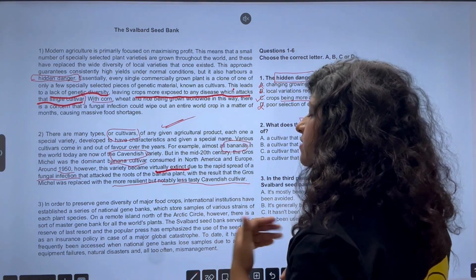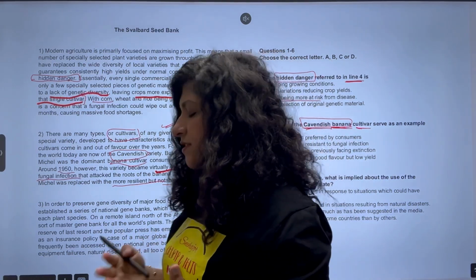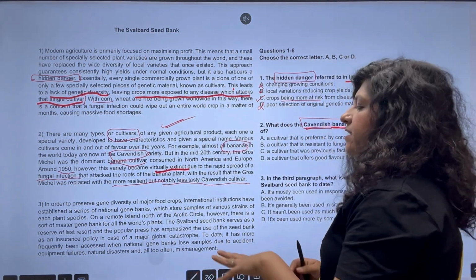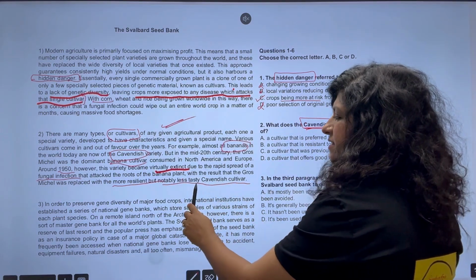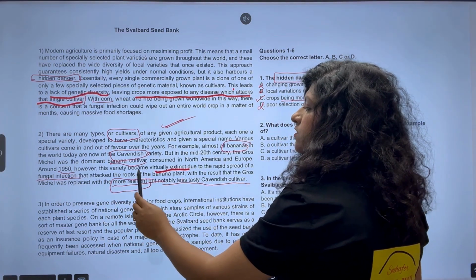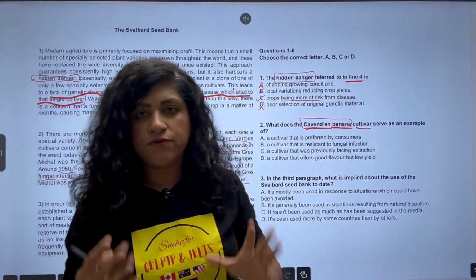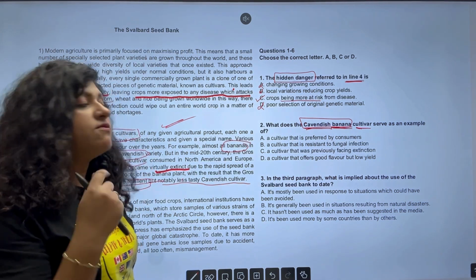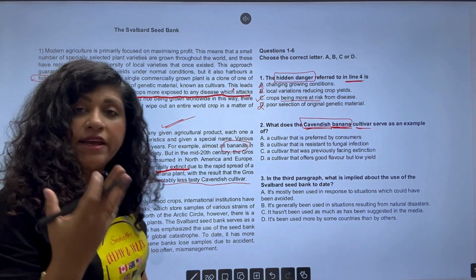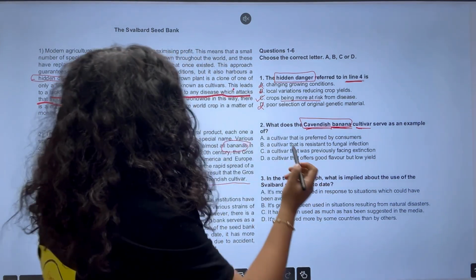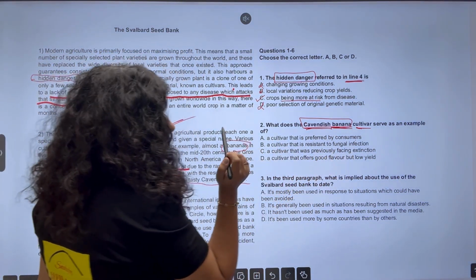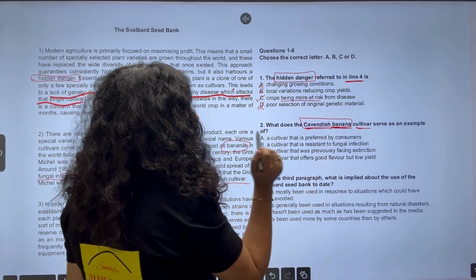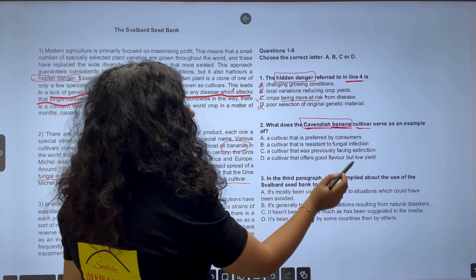So there was this banana cultivar, and it started being attacked by this fungal disease. And for that, then came the Cavendish cultivar. It was less tasty but more resilient. More resilient means it was more resistant to the fungal infection. So what does this Cavendish cultivar serve as an example of? A cultivar that is preferred by consumers, a cultivar that is resistant to fungal infection, a cultivar that was previously facing extinction, a cultivar that offers good flavor but low yield.